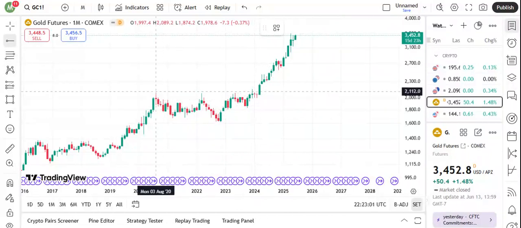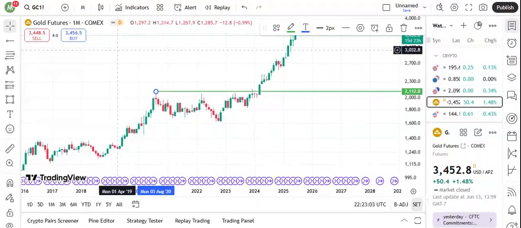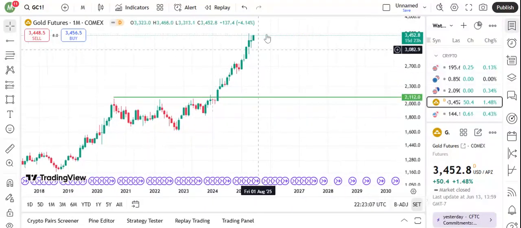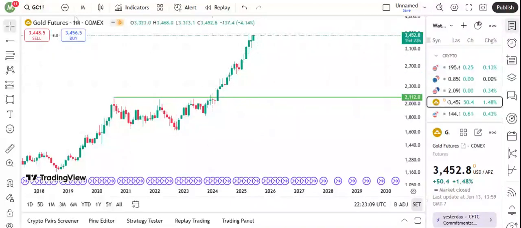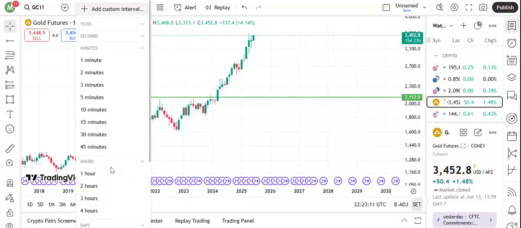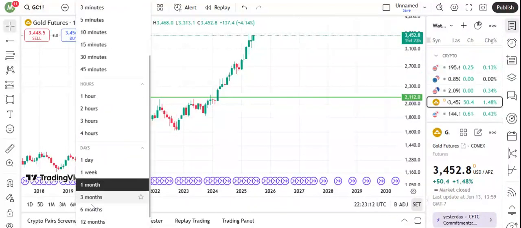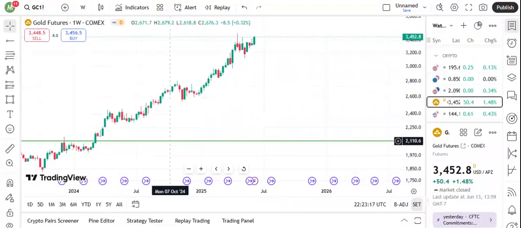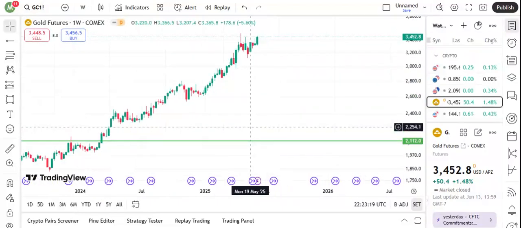We have keys. Just turn around it. So that is the horizon that we have. You see price coming up. So let's go down to the weekly and finally we can get our support and resistance. So we have this here.